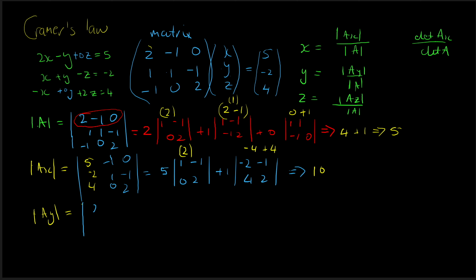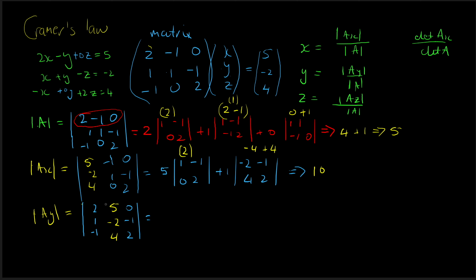So the first is the X, which then stays the same. The Y, which is going to be 5, minus 2 and 4. And the Z, which is 0, minus 1, minus 2, which is 2.